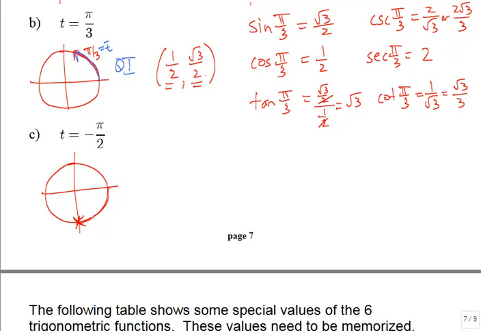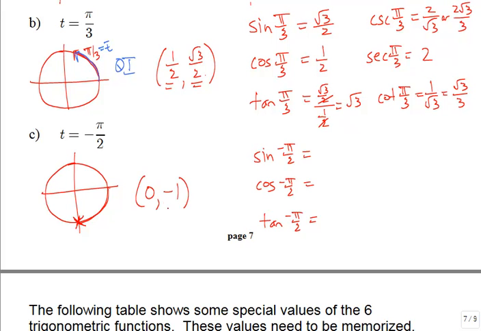So negative pi over 2 has what as its terminal point? Well, the x value is 0 and the y value would be negative 1. So we want to know what the sine of negative pi over 2 is, the cosine of negative pi over 2, and the tangent of negative pi over 2.